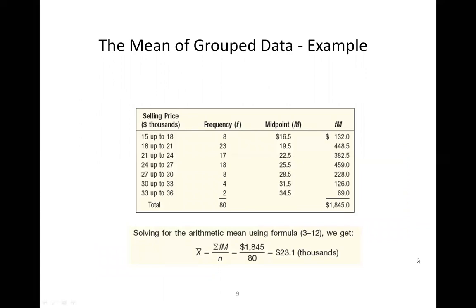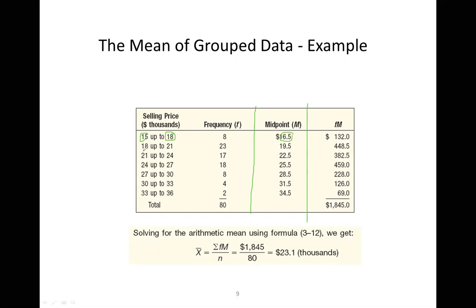Now we are adding one column for the midpoint. For the first interval, the maximum is 18 and the minimum is 15. So very simply, 18 plus 15 divided by 2 gives the midpoint 16.5.